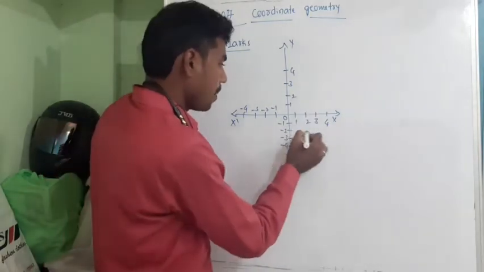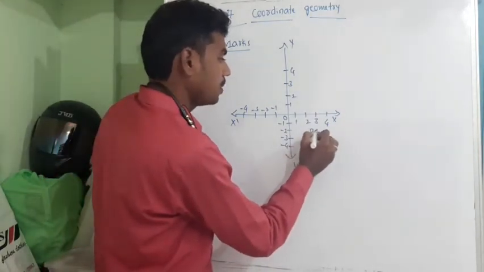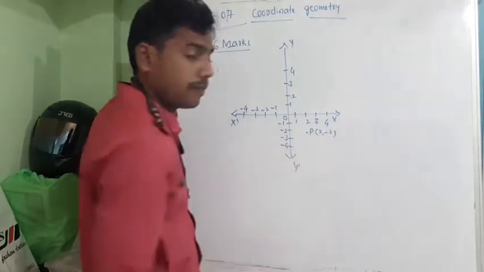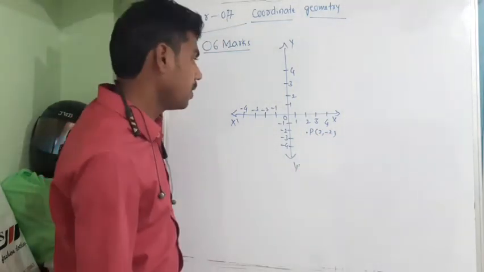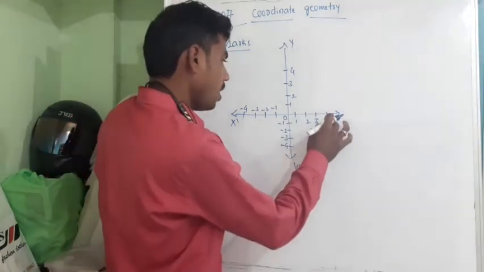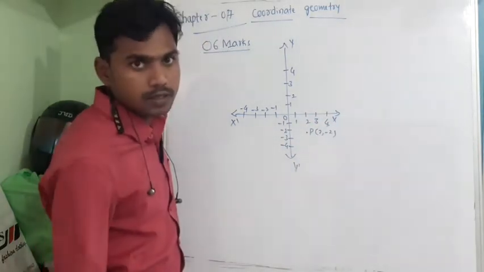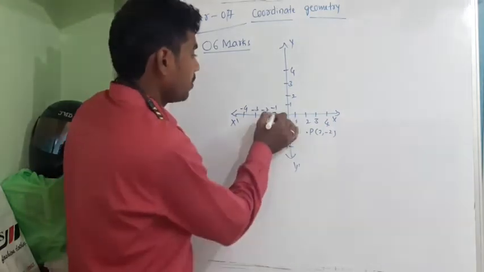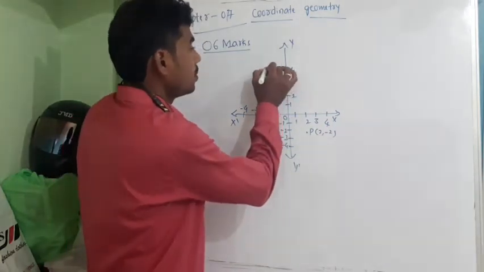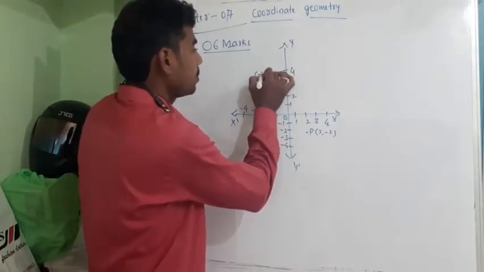So 2 comma minus 2, this is the point. If I want to represent 4 comma minus 1, this is 4 and here it will be minus 1. If I want to represent minus 1 comma 4, this is minus 1 and 4. So this is minus 1 comma 4.